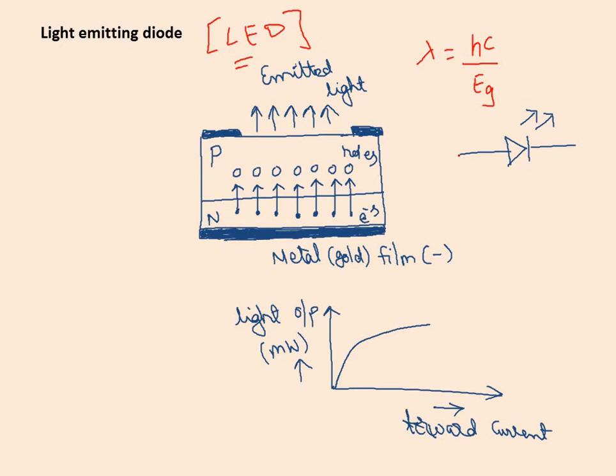Using the proper values of the energy, we can get the respective wavelength, since hc is constant. So it is 12,400 by the energy, which you remember, right?